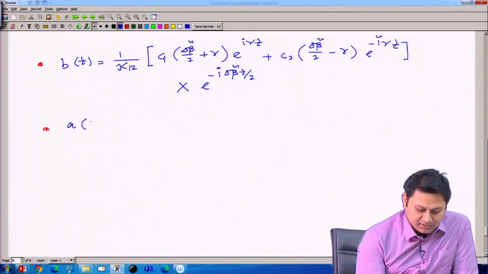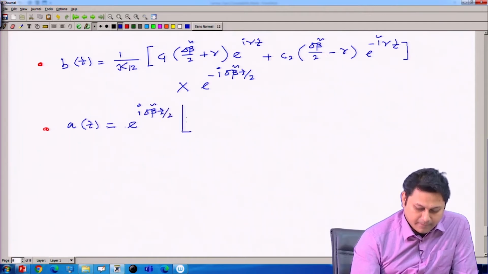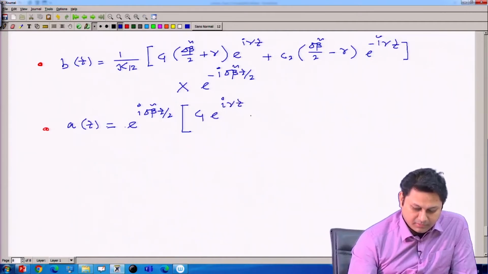So, my A(z) was e to the power of I delta beta tilde z by 2 multiplied by C1 e to the power of I gamma z plus C2 e to the power of minus I gamma z. That was the value of A I figured out.